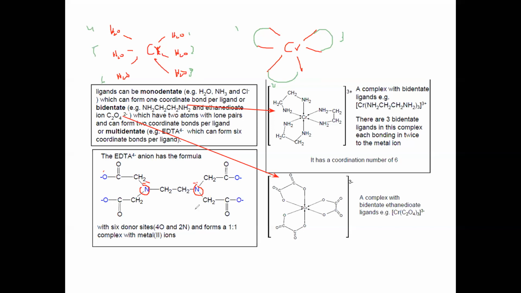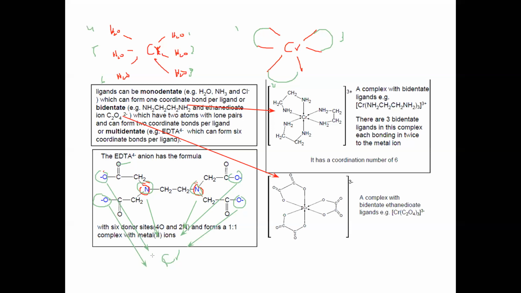But if it is like EDTA, which is polydentate, how many bonds can EDTA form? 1, 2, 3, 4, 5, 6. So there are 6 positions where it can form a dative bond. If all 6 are used, how many ligands will be attached? Only one ligand will be there. Coordination number is 6, 6 dative bonds will be there, but only one ligand.